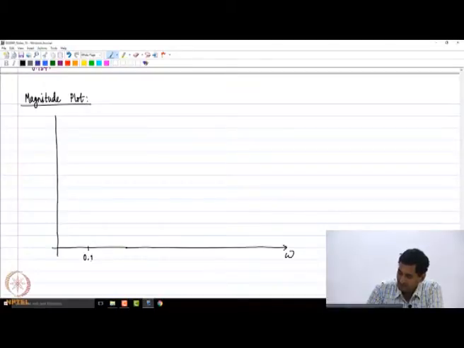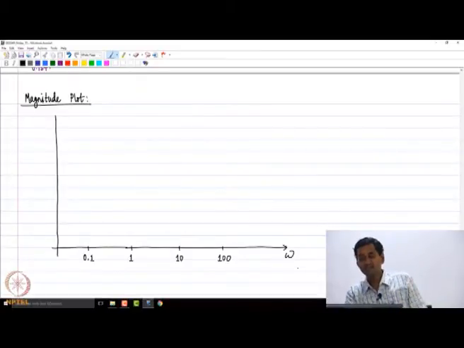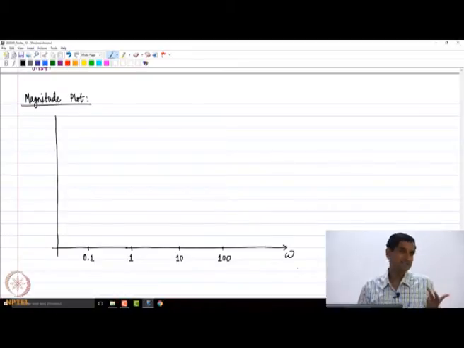Of course 1 and 10 are going to be my corner frequencies. So I consider a frequency range typically 1 decade below and 1 decade above the corner frequencies. That's typically the choice of a range of frequencies that we by and large consider. It's a rule of thumb. You can go for a larger range also, no issues with that.